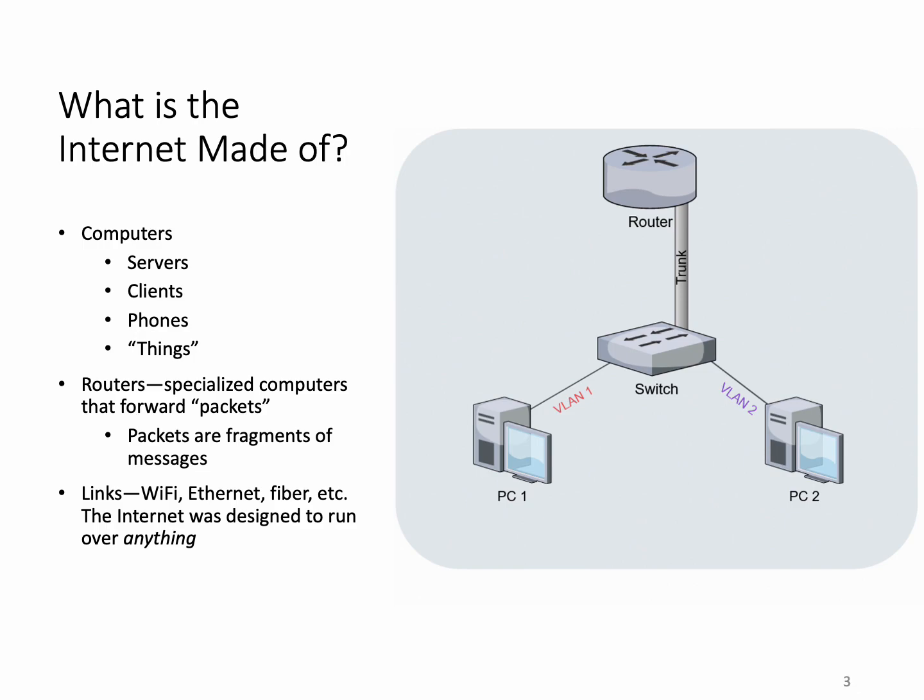Packets are fragments of messages, so it kind of just breaks everything up in a particular way, sends it to you, and then it gets put back together so that you can watch a video. The kinds of links that things are sent over include Wi-Fi and Ethernet and fiber. The internet can really just run over any sort of links.